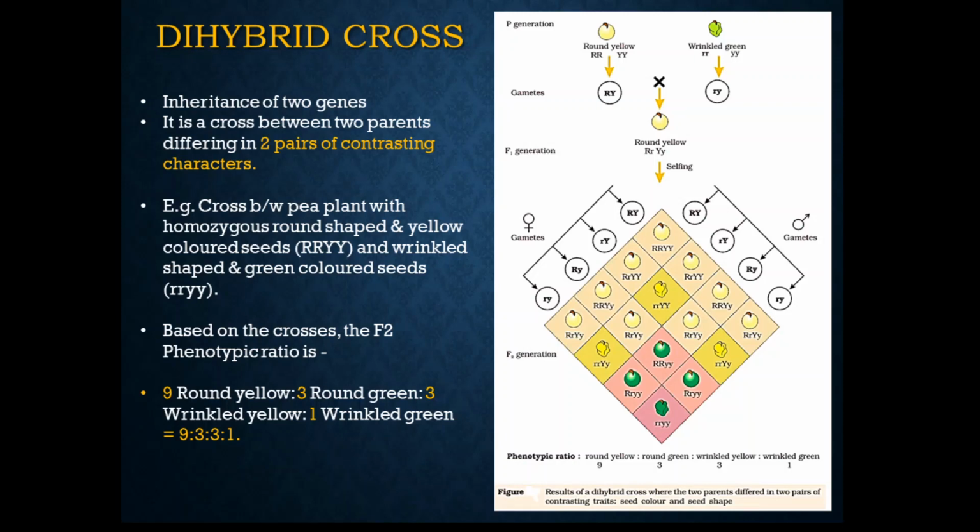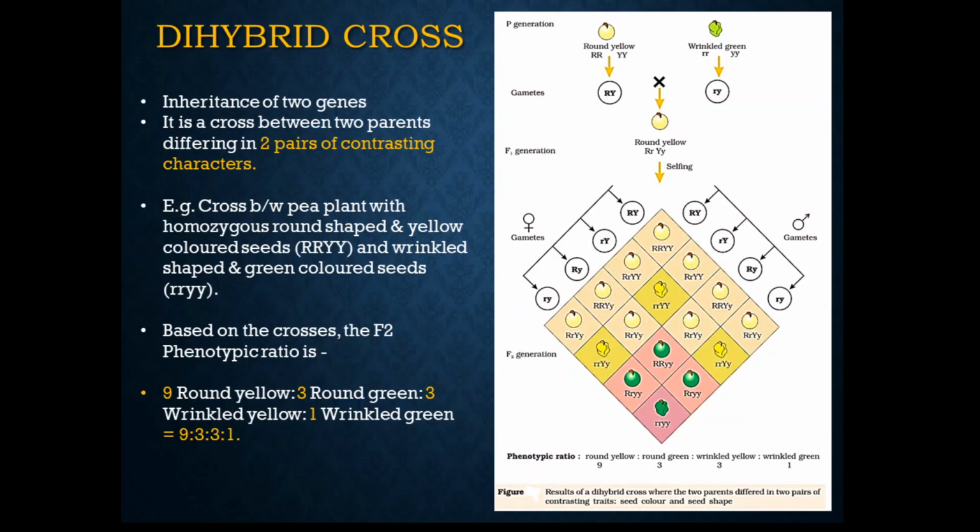The other plant, which is contrasting to it, has wrinkled peas with green color. So these two plants are carrying two different kinds of characters, and here we are observing two pairs of contrasting characters from each plant.